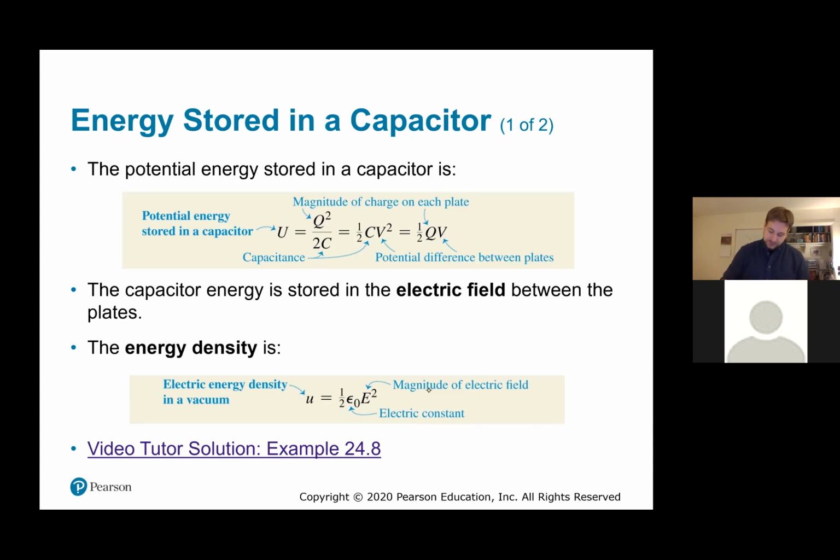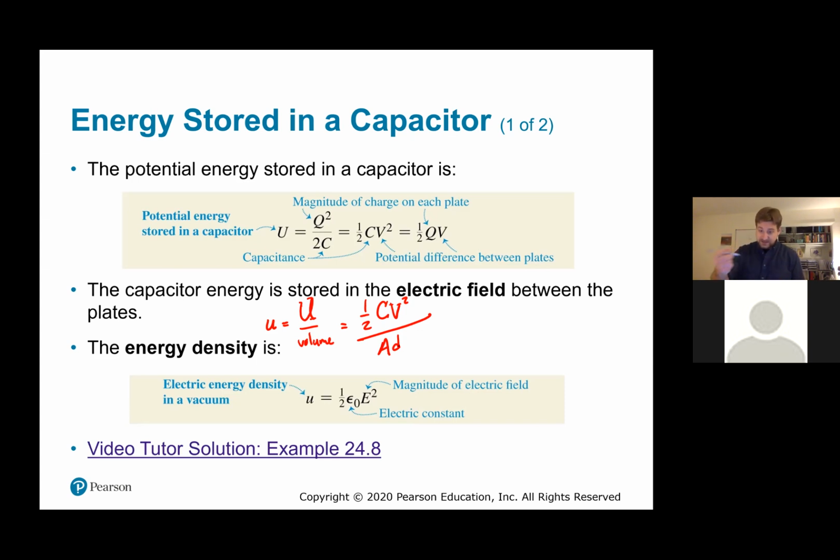Well, let's call it lowercase u is equal to capital U divided by volume. And I'll write VOL instead of V because we already have voltages. The potential energy, let's try 1/2 capital C capital V squared. The volume is the area of the plates times the separation.